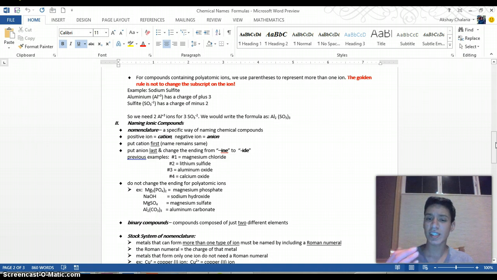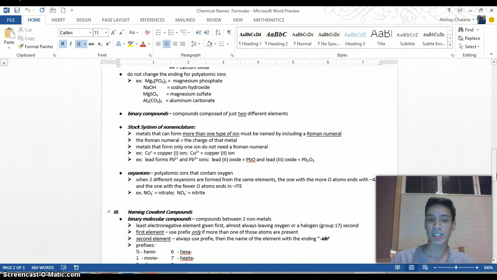Anyways, this doesn't apply in a certain context, which is with, first of all, oxyanions, which are molecules that are formed with polyatomic ions that involve oxygen, such as sulfate. In certain cases where these polyatomic ions are formed with different numbers of oxygen atoms, the polyatomic ion with the lower number of oxygen atoms is ite.